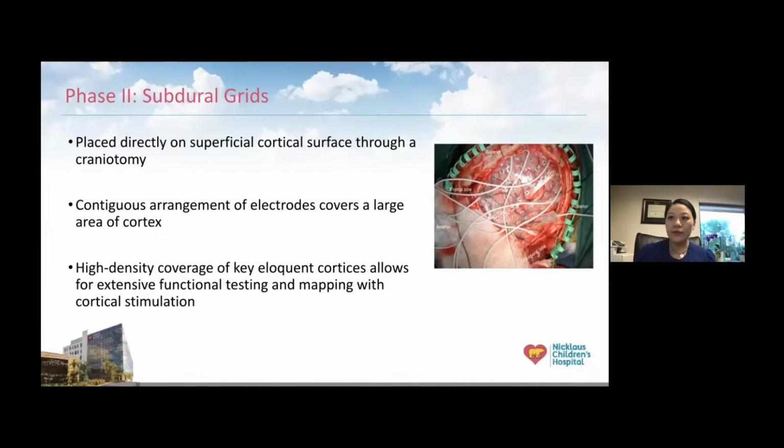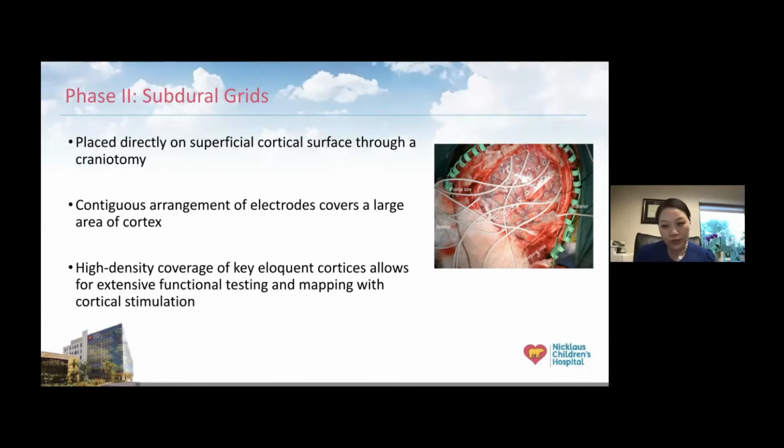So in brief, there are two different ways we can sample the insula or any other type of the brain through invasive means, and those are collectively called phase 2 evaluations. Phase 2 evaluations are invasive EEG evaluations, and this is in contrast to phase 1 evaluations, which are considered non-invasive evaluations that include scalp EEG, video EEG, functional MRI, SPECT, PET, MEG, TMS, neuropsychological testing.